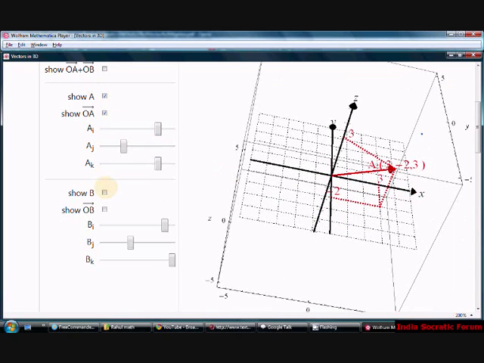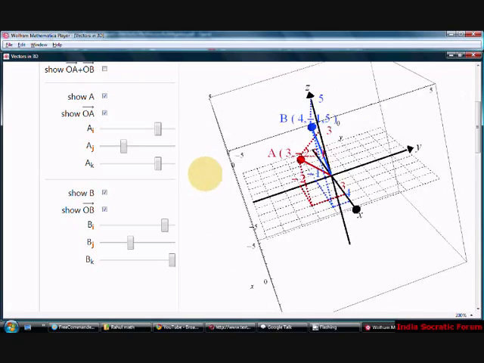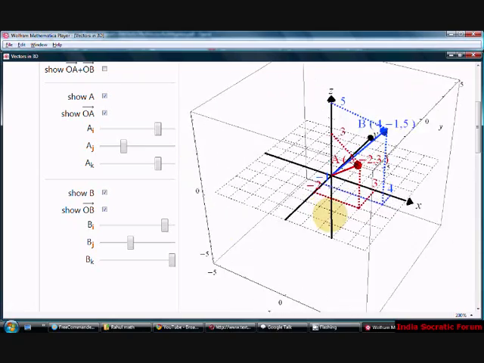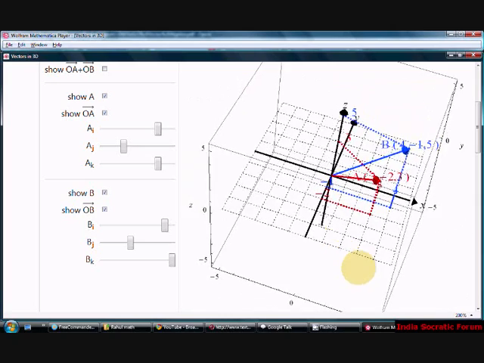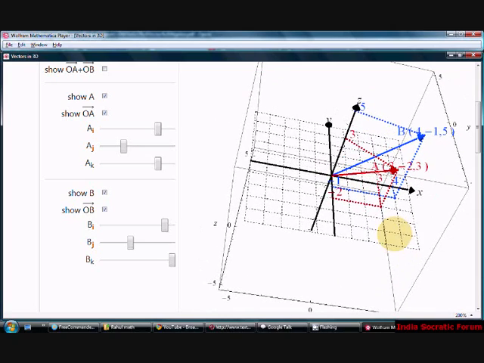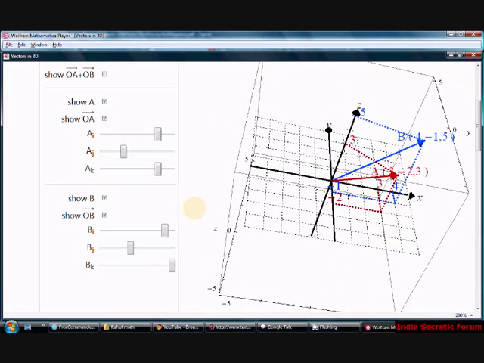There is another point B, right? The second point. And if we draw an OB vector, it is going to look like this. Can you see that? It is in the space. It's a three-dimensional vector. You can see the x, y and z axis, and you can see the vectors lying in the space.